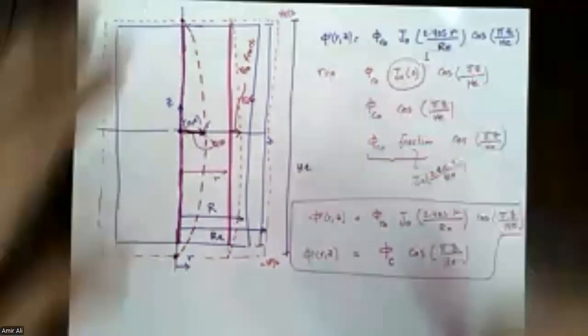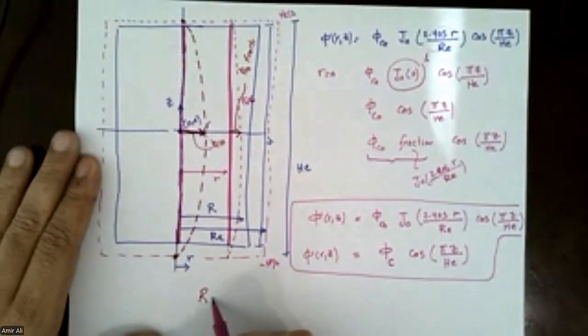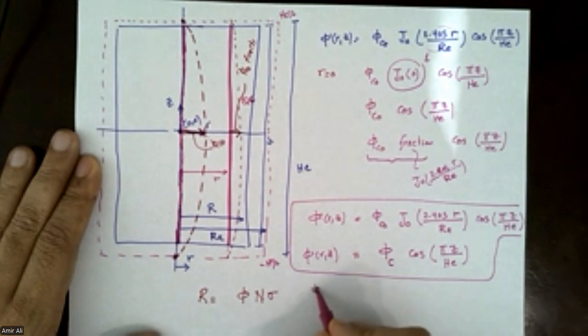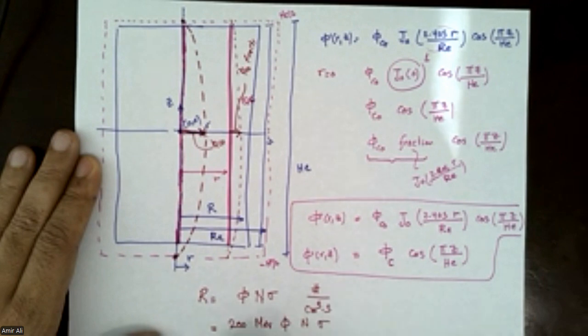You guys remember we said we can calculate the reaction rate, right? From what? From N times sigma times what? Times the neutron flux. Then after I get that reaction rate, which is number of reactions per unit volume, per unit time, if I multiply that by 200 MeV, times phi times N times sigma, this is what?